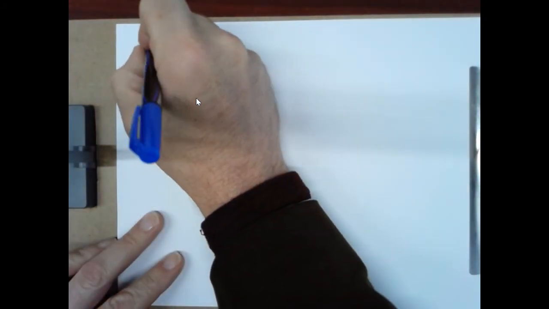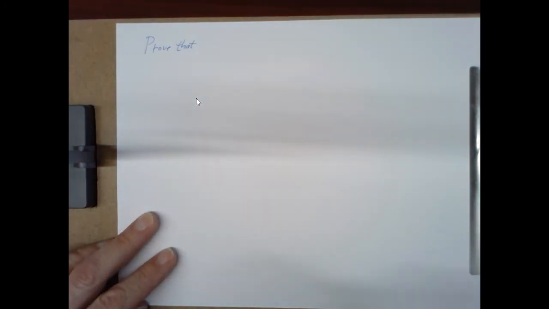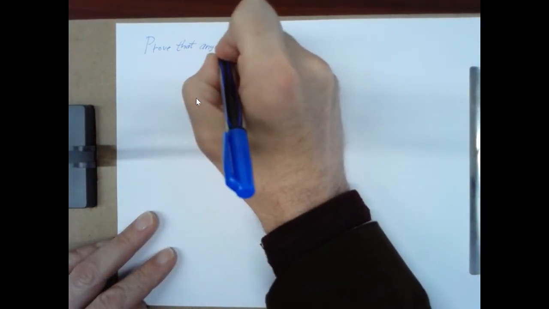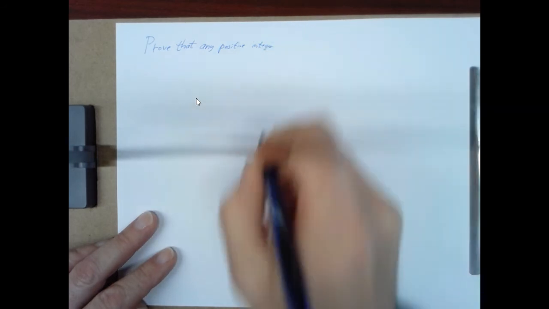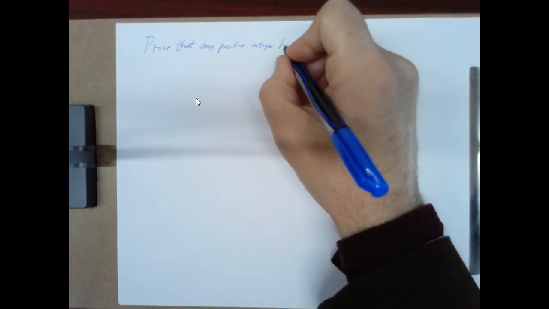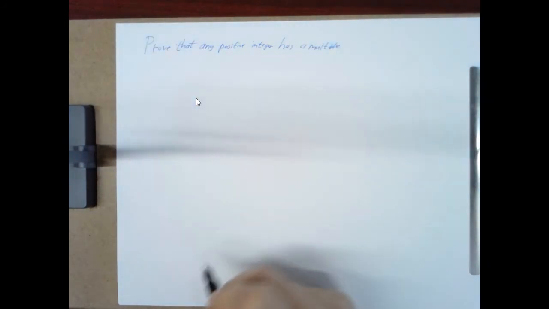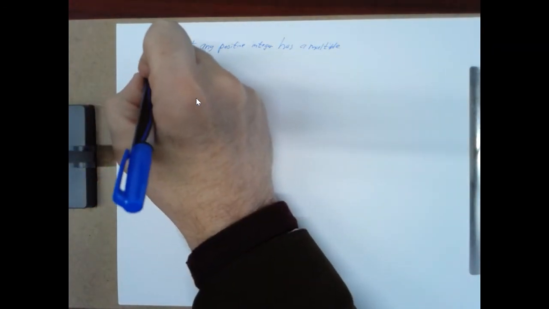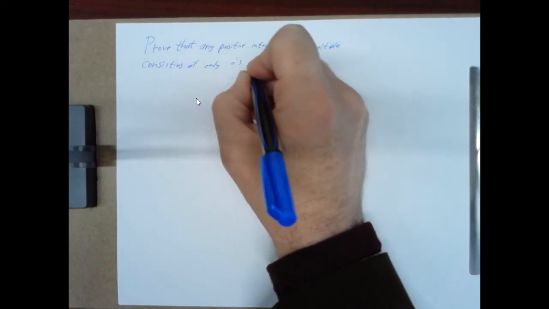So let's try one that's really not very obvious. Prove that any positive integer has a multiple consisting of only zeros and ones.